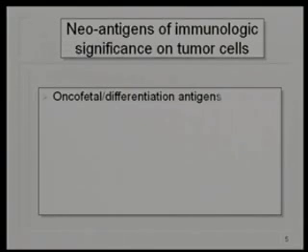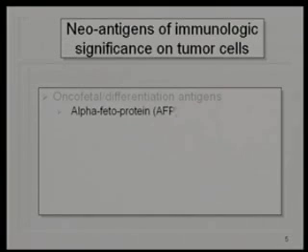Some of them fall in what is referred to as oncofetal antigens. These are antigens that are expressed primarily in the fetal tissue during tissue development, or on cells that are in the process of differentiation, and I'll give you some examples of those later on. Okay?